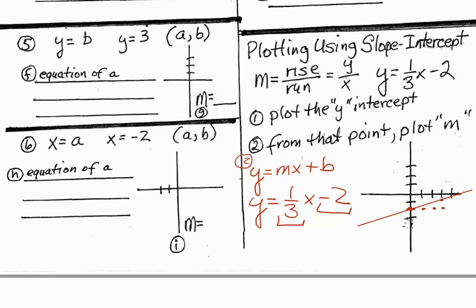Now, in the Hawks software, what you would have to do is put in this point here, which is your y-intercept, as 0, -2. And then you'd have to put in this other point here, which is going to be 1, 2, 3, and then down 1, -1.